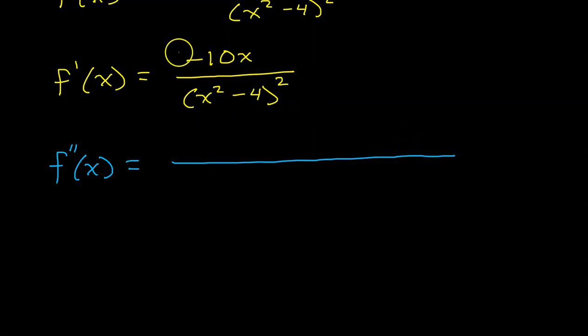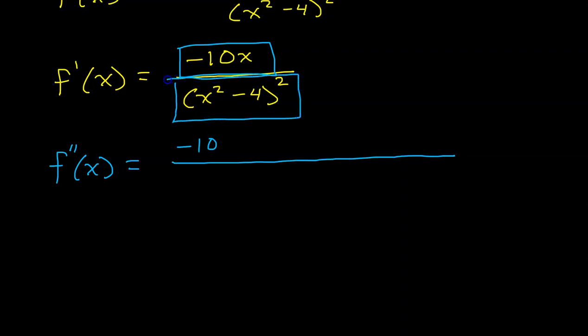But you start by taking the derivative of the top function, and that would just be negative 10. And then you multiply that by the bottom function unchanged. So I'm just going to multiply that by x squared minus 4 squared. And then subtraction.